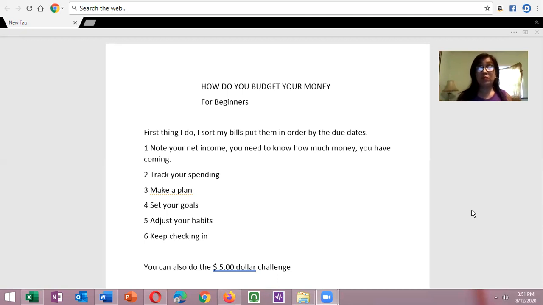Let's say, just as an example, your bills are $800 or $1,200 monthly, so you subtract that from your net income. Whatever money is left, you just have to budget it, like a monthly budget.